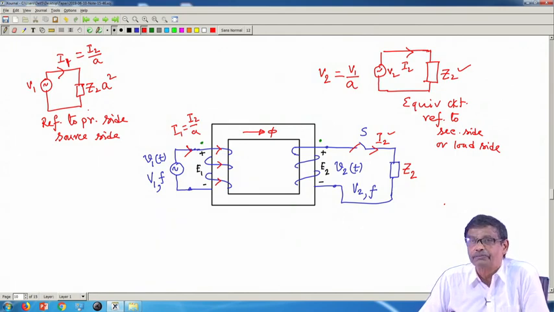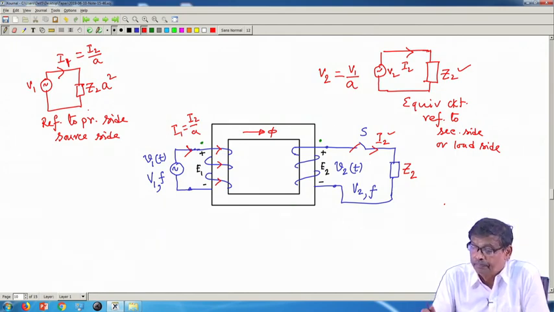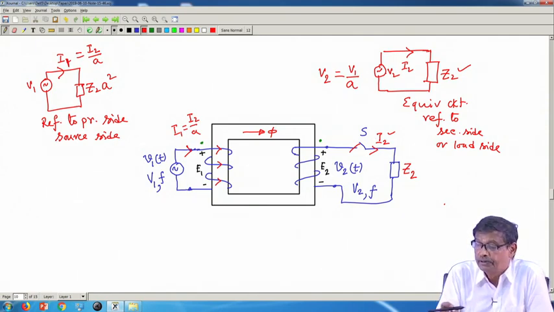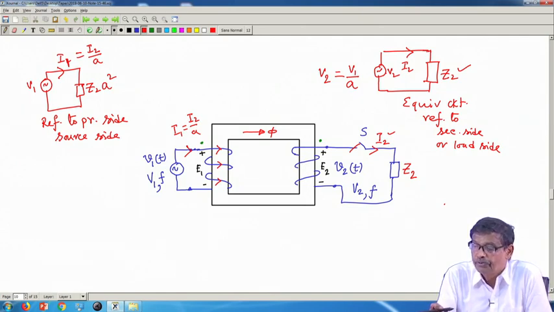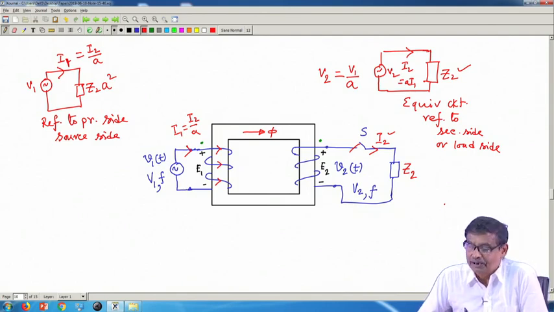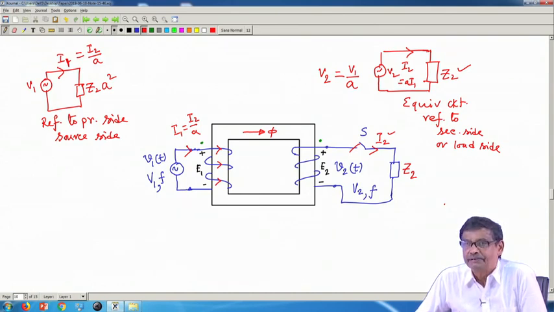So I should not disturb Z2. Z2 is Z2, here is I2, here is V2, but the primary applied voltage V1 gets transformed to V1 by A, and I2 is equal to A into I1. Therefore, when you connect a transformer, it will make a given impedance appear as an impedance of a different value.